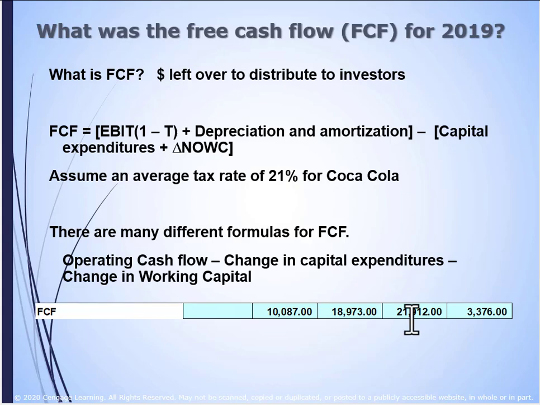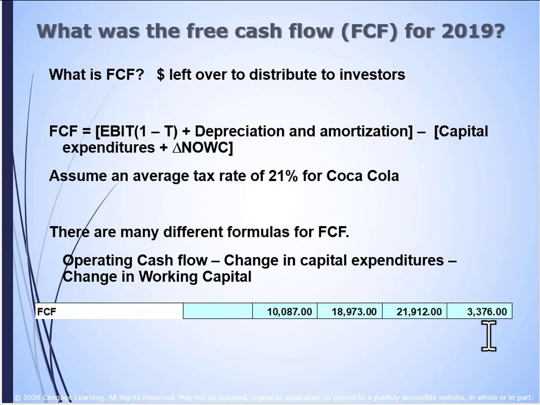Now, if there's more cash flow than we need, then we have to think about, well, what should the company do with that money? And we've talked about this in some other chapters. We talked about agency, right? What is best for the company? And as we see here, free cash flow, the last year there was a pretty substantial drop.